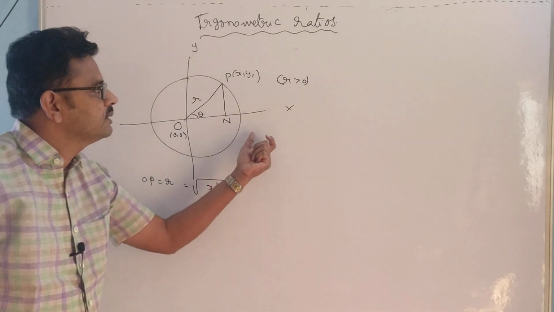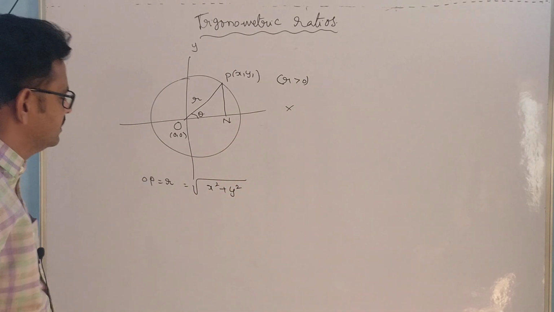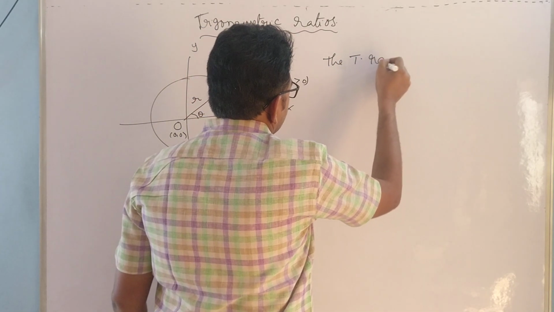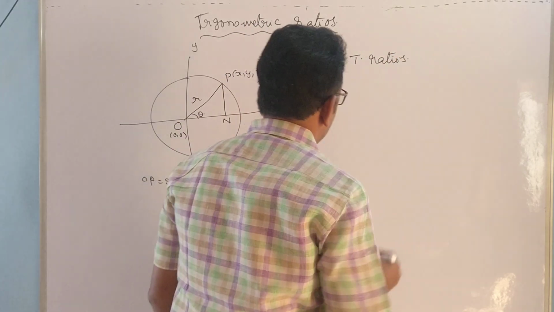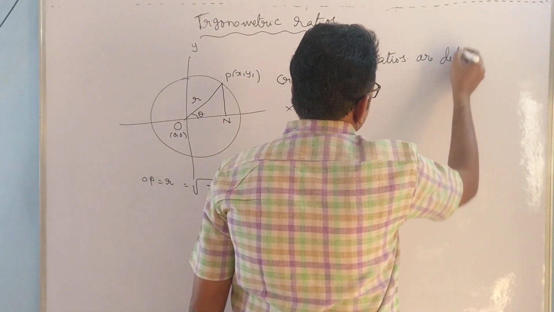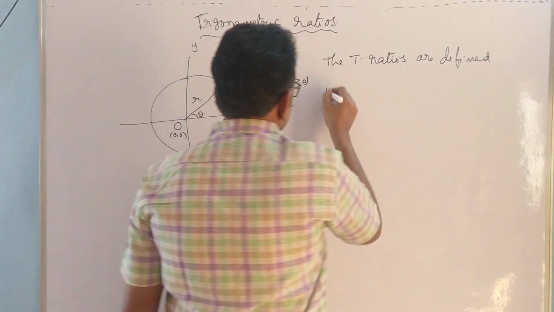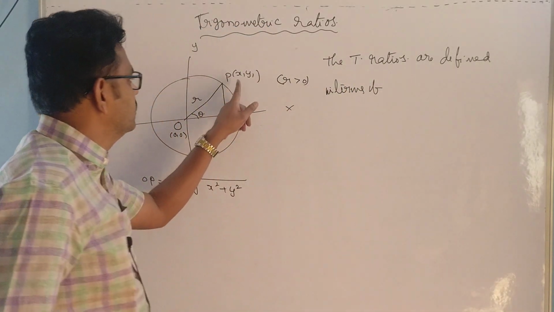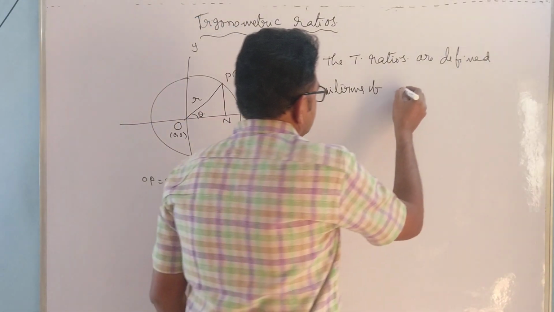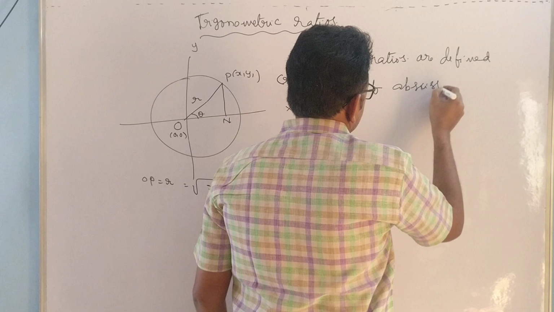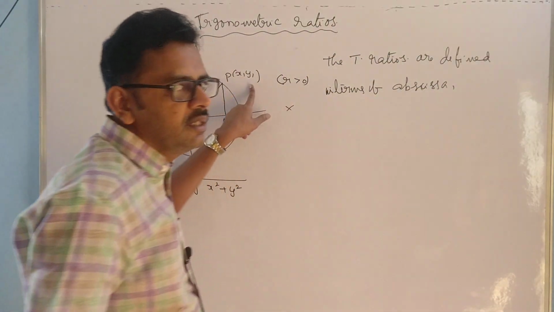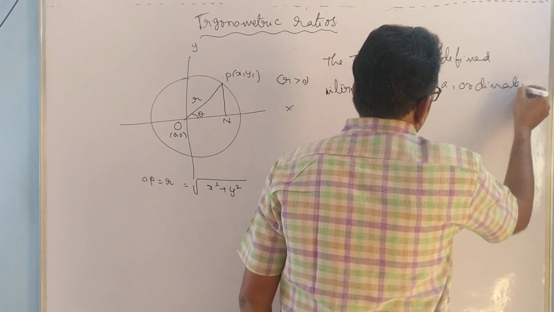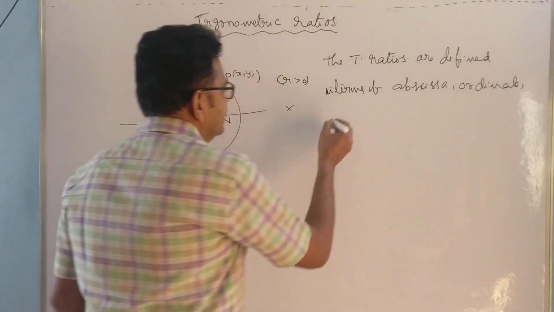Now the trigonometric ratios are defined in terms of the x coordinate, which means abscissa, and the y coordinate, which is called the ordinate, and the distance, which is OP.